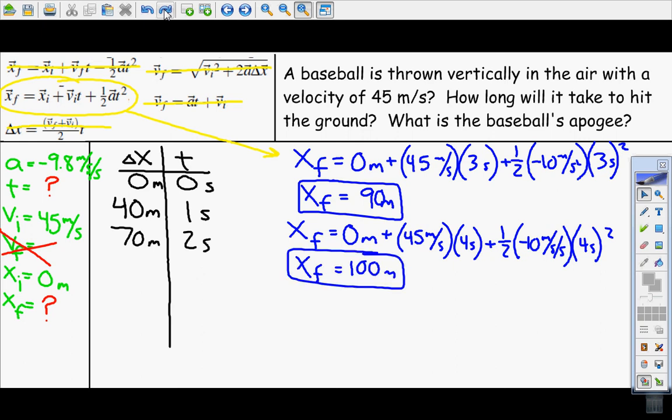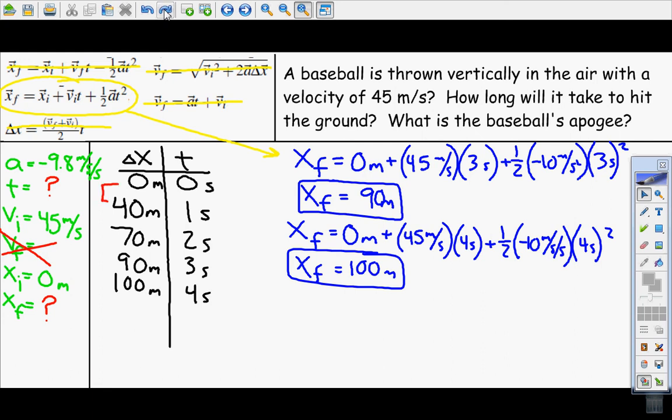That's nice. You might be noticing that the distance that it's traveling each second is slowly going down, down, down. And we'll take a look at that in a second. But so 3 seconds, 90 meters, 4 seconds, it's gone 100 meters.